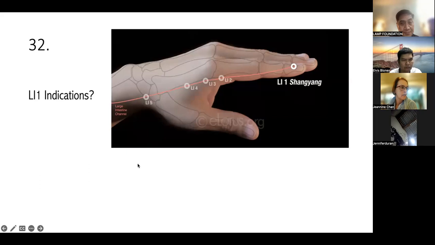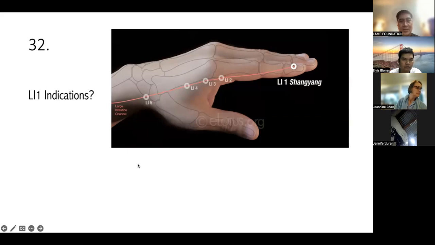LI1 indications are reviving consciousness, clearing the throat painful obstruction, and fullness of the chest. Okay, what else? Radiating to the lateral costal region, dyspnea and cough.